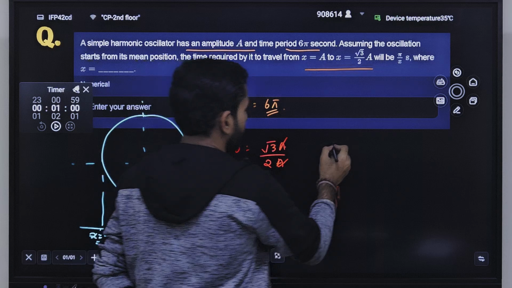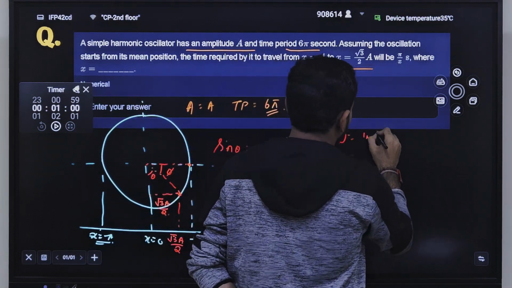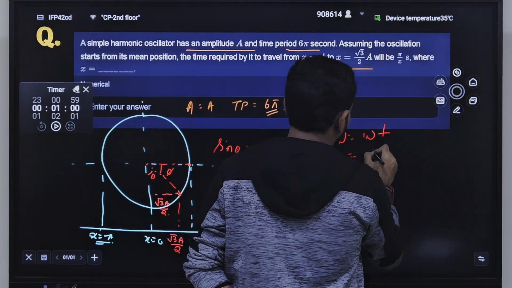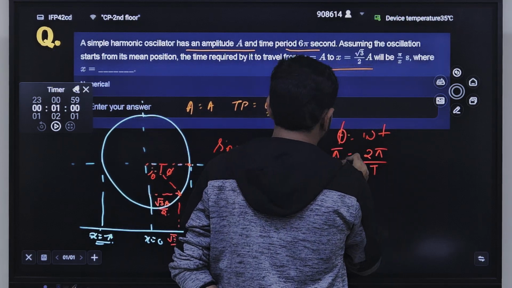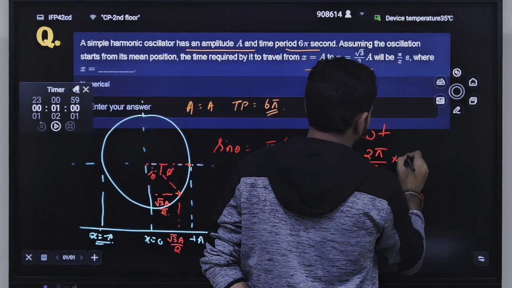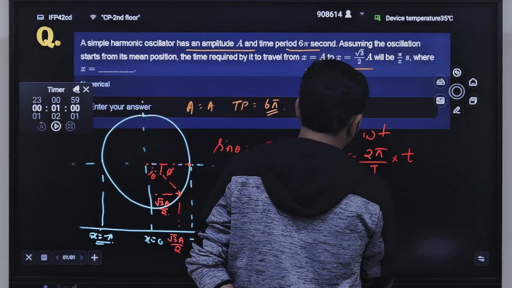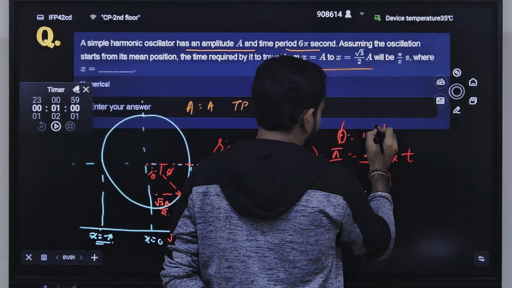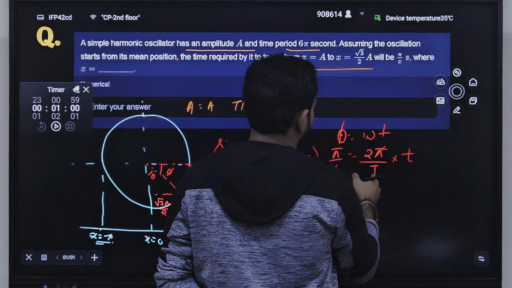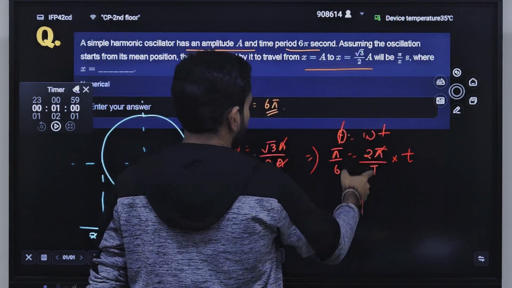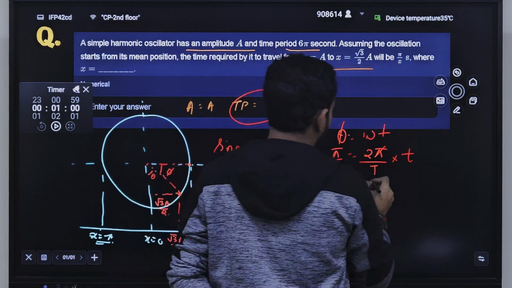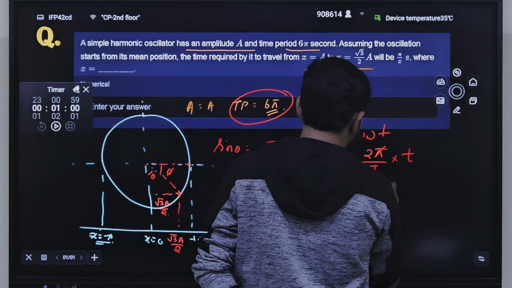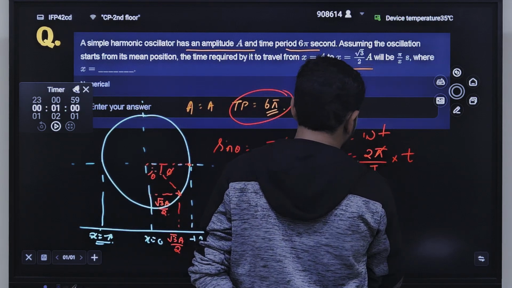Once you got it, now it is very easy. Phi is equal to omega into t, and omega can be written as 2 pi over time period. Phi is pi by 6, and here it is multiplied with time. Time period was given as 6 pi, so this pi will get cancelled.